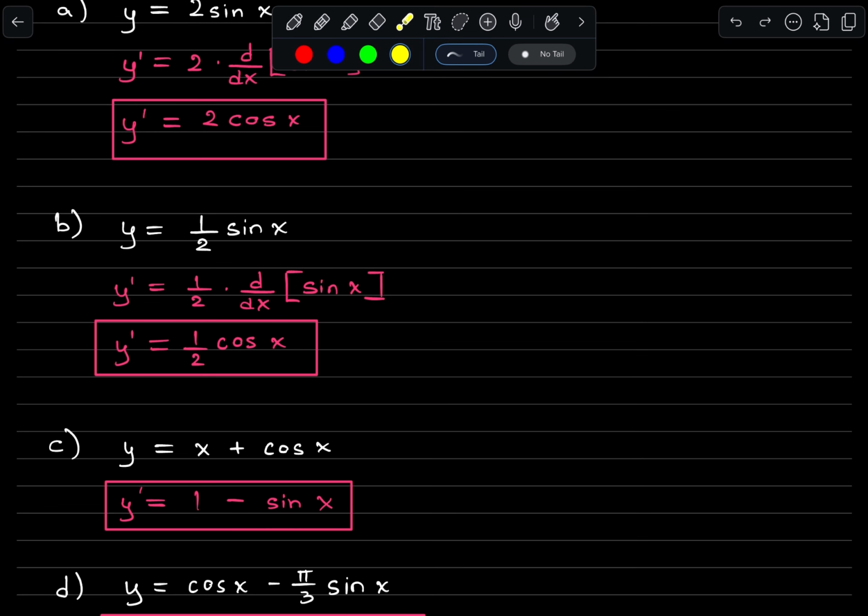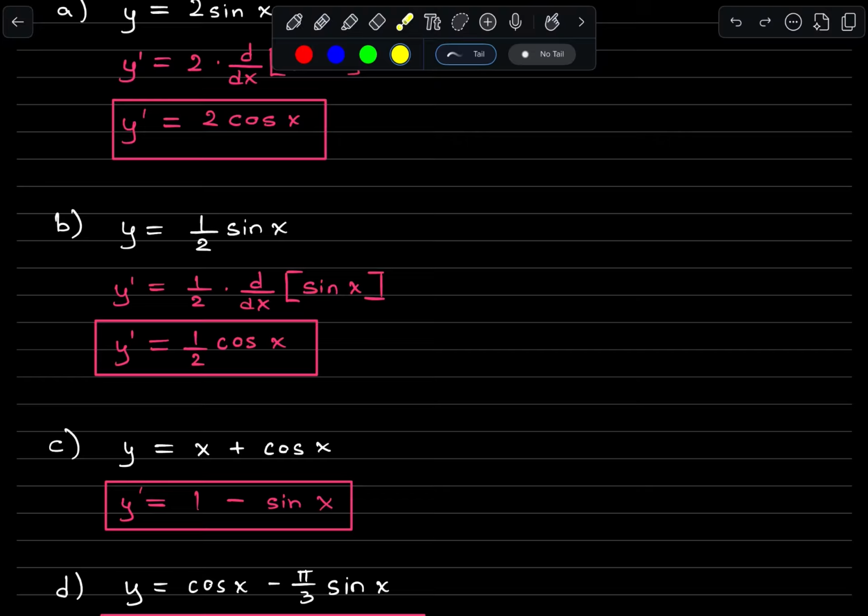And finally, something that looks a little bit more complicated is the function y is equal to cosine x minus pi over 3 times sine x. Okay, so to start off with, we use our difference rule for derivatives. We're going to take the derivative of the first part. Derivative of cosine x is, again, negative sine x.